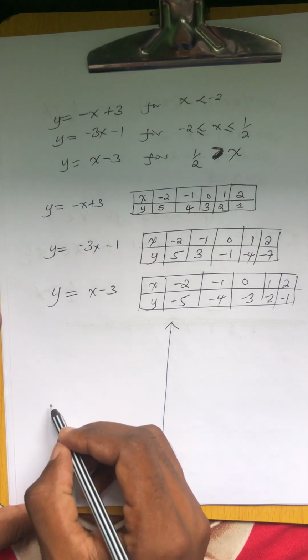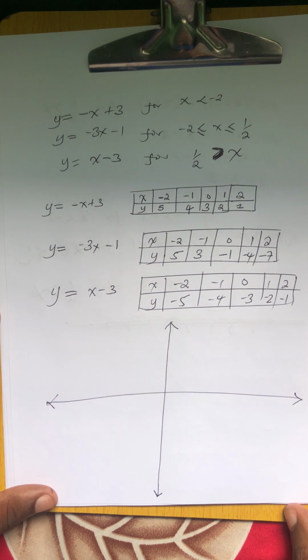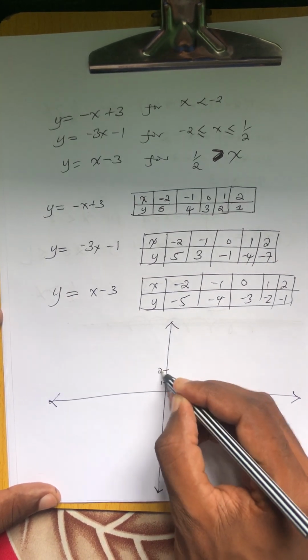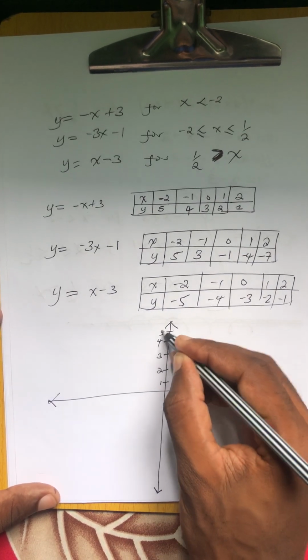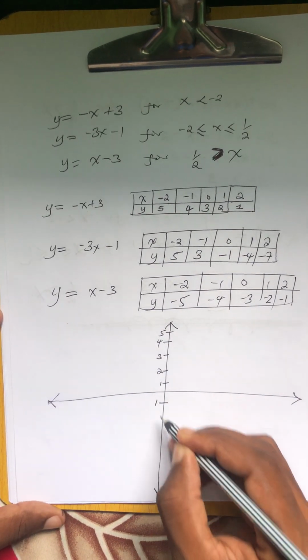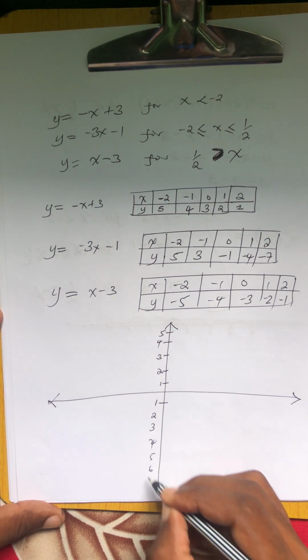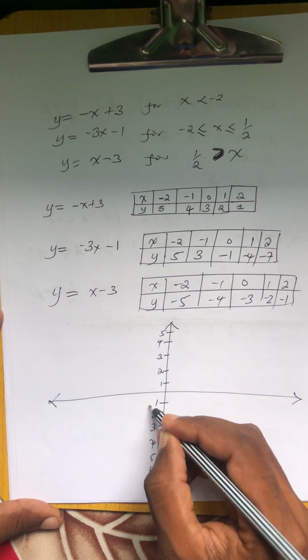Okay. Do this. Then here, 1, 2, 3, 4, and 5. Then there are 1, 2, 3, 4, 5, 6, 7. Okay. These are negatives.